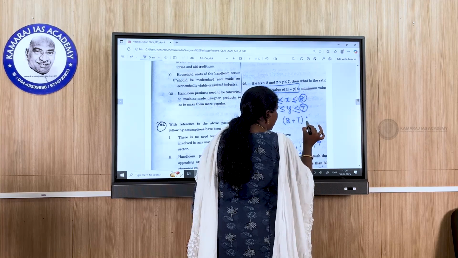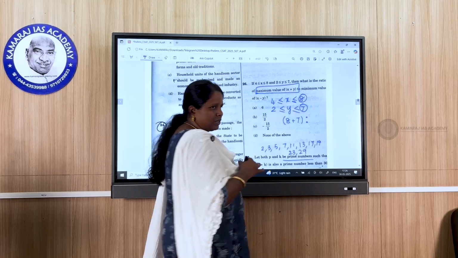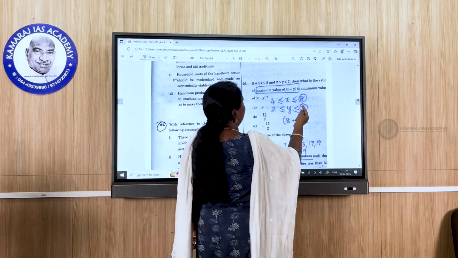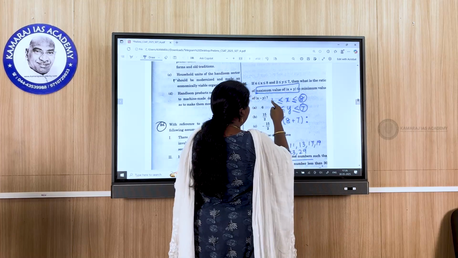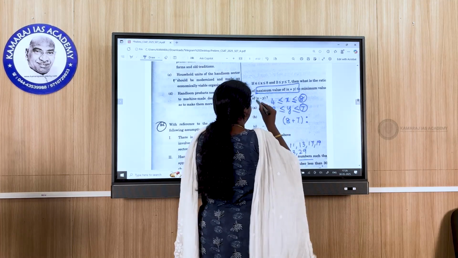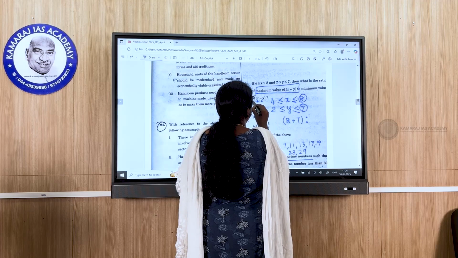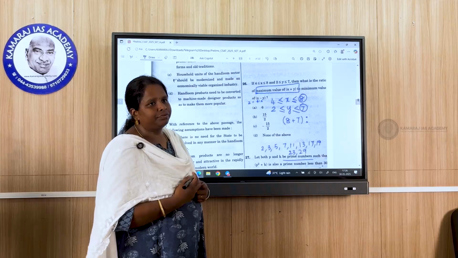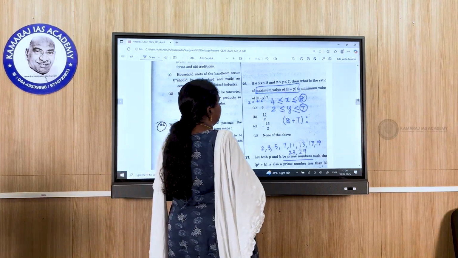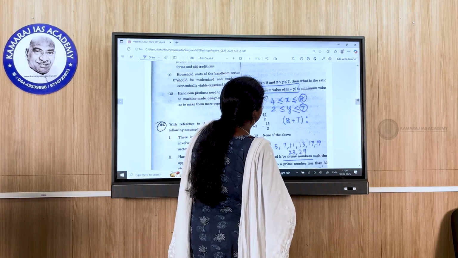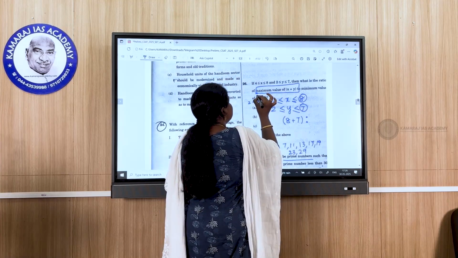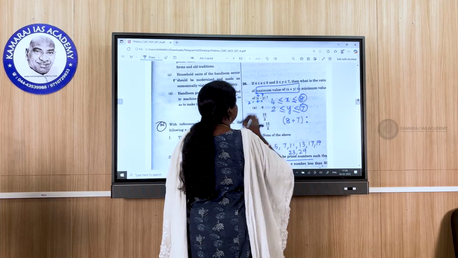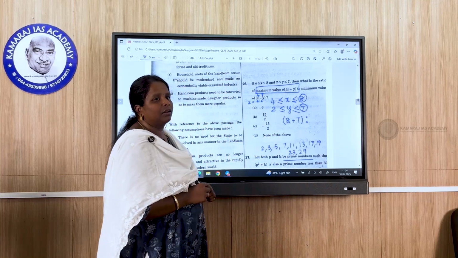So the ratio of maximum value of x plus y to the minimum value of x minus y. If I take minimum values, 4 and 2, I'll be getting 4 minus 2, which is 2. So check whether I am getting a minimum value less than 2. Any other values? If I substitute x as 4 and y as 7, what is the answer I am getting? Minus 3.